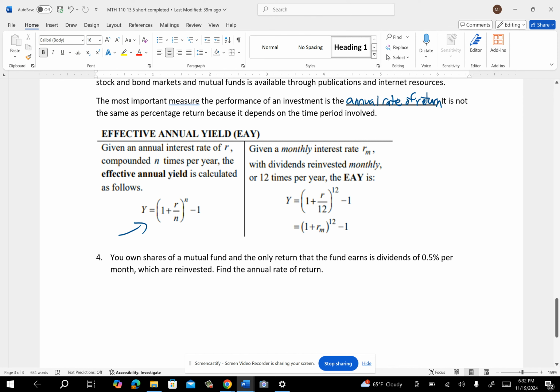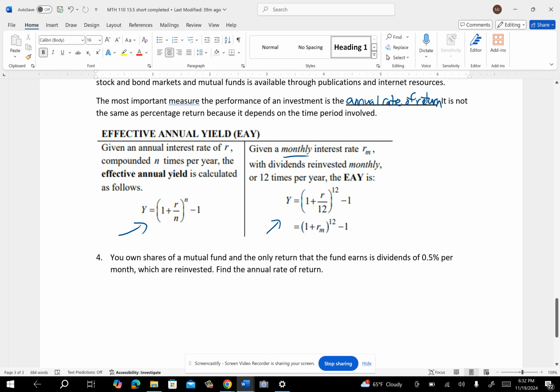All right, and then this is a version of that formula that we can use when the interest rate is monthly instead of annual, and when the dividends, okay, the interest that we earn, are reinvested into the account 12 times during the year, okay?